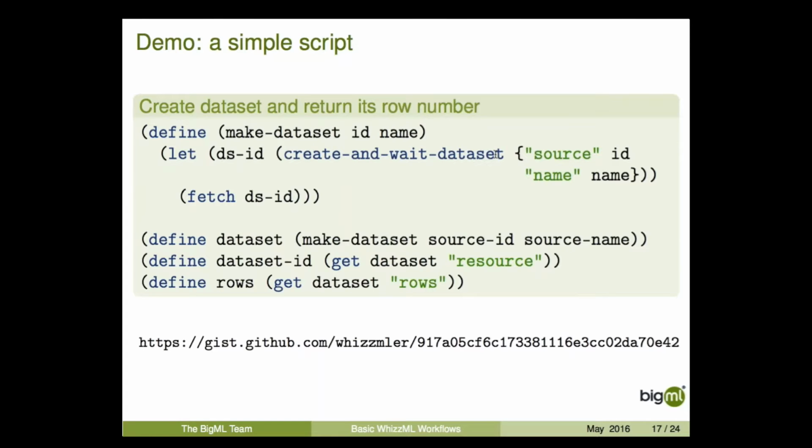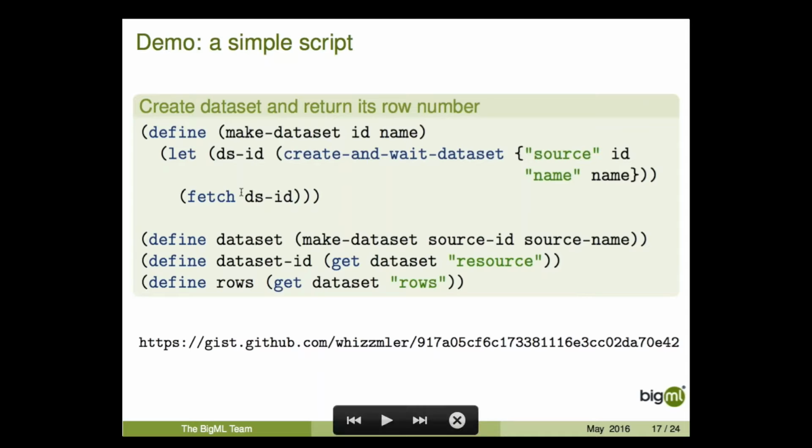What that function does is it makes an API call to create a data set, and it blocks until that API call is finished, until the resource either goes into an error state or signals that it's complete. And so we do that, we capture the data set ID, and we bind it to this variable using let. Like I said, this blocks until the creation of the data set is finished.